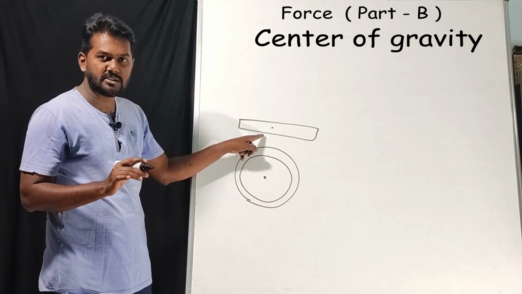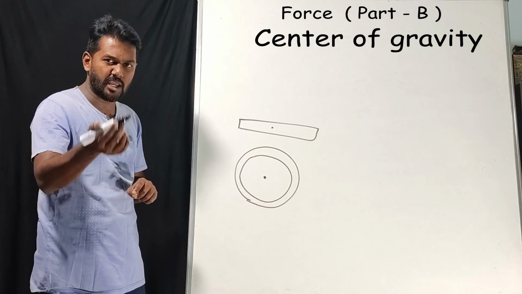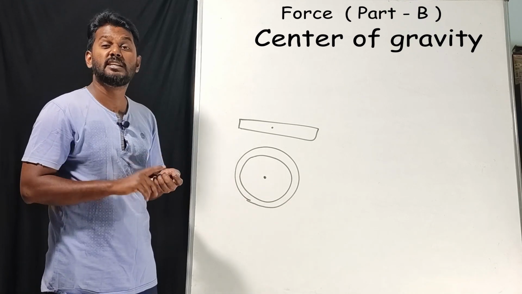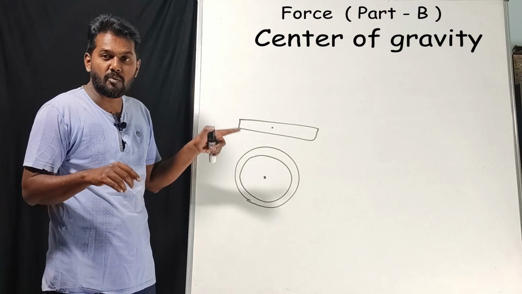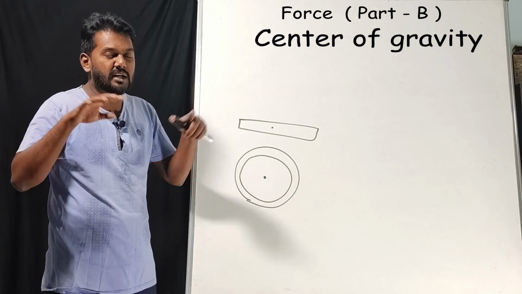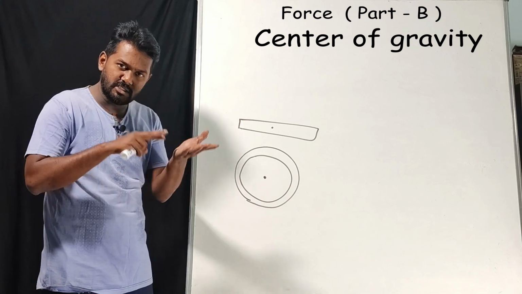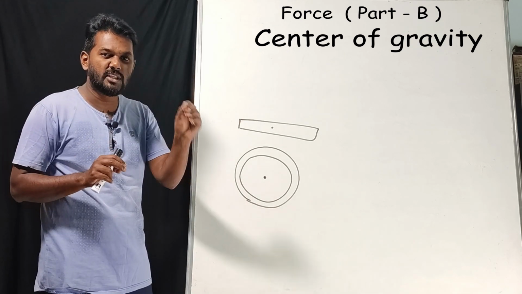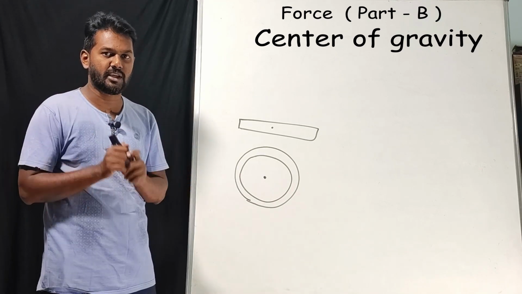If shape changes, center of gravity also changes. Instead of the word shape, you can also say distribution of mass of particles. If distribution of mass of particles changes, center of gravity also changes. You can use any one, shape or distribution of mass of particles. This is the only factor which affects the center of gravity.